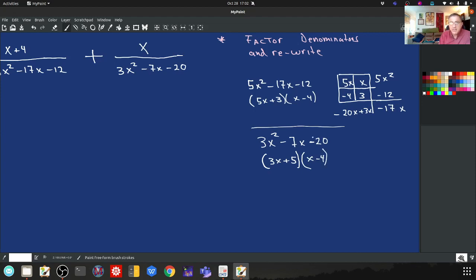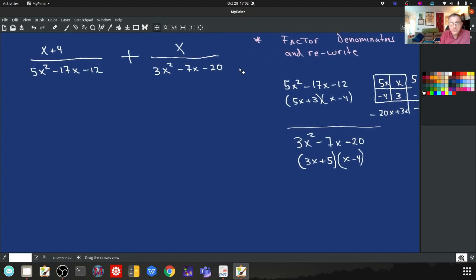So I factored the denominators, so let's rewrite it with that factorization.